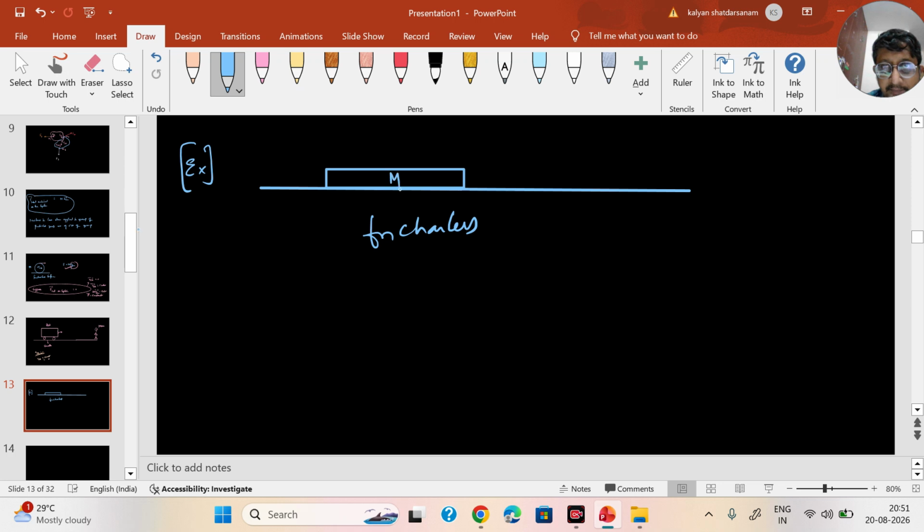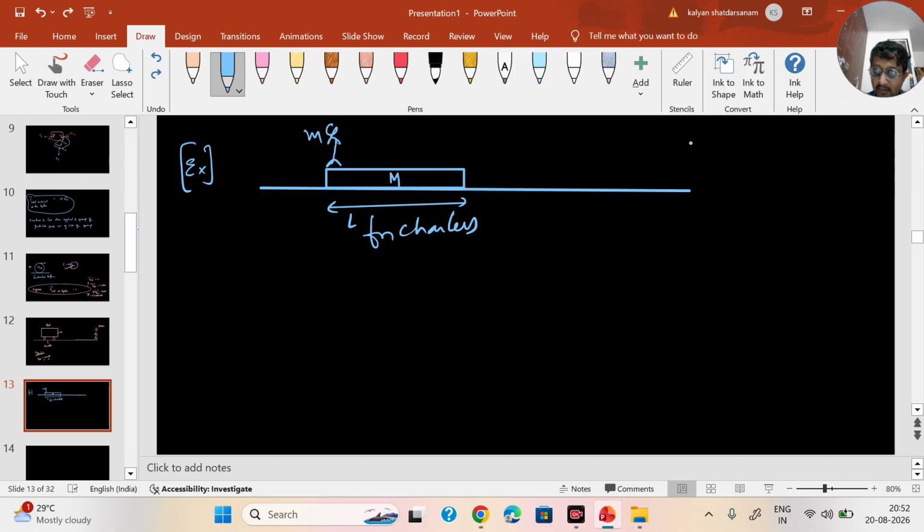The plank has mass m and length L. So there is no friction between the plank and the ground, but there is friction between the person and the plank so that he can walk on the plank. The person's mass is m. The question is, what is the distance moved by the plank by the time the person reaches this end?